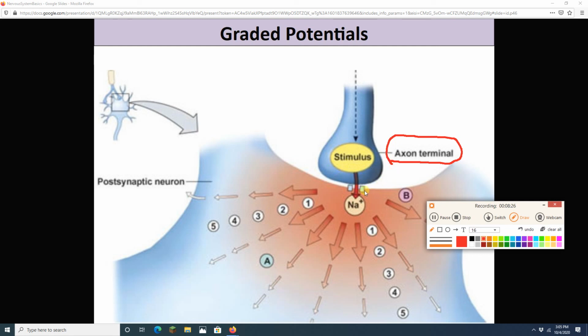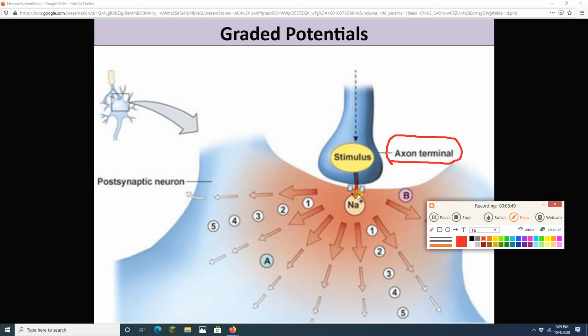They're going to bind to receptors, which are ion channels, on my soma of my postsynaptic cell. Then at this point right here, sodium is going to rush in.